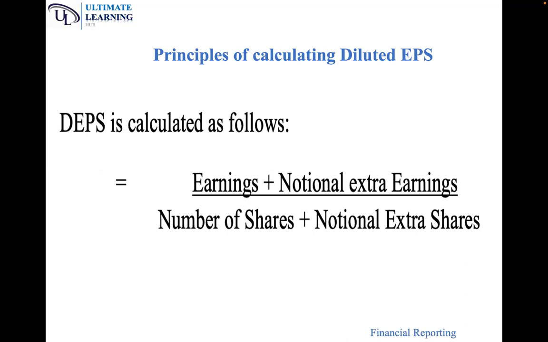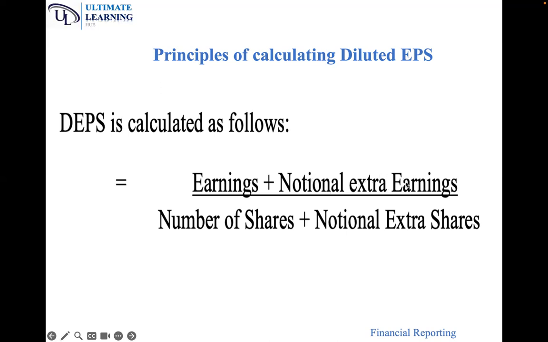Now, earnings in this case is just the profit after tax minus preference dividends. The same way we calculated it under basic EPS. So when we talk of earnings in this case, it's basically profit after tax minus preference dividends, or in basic EPS, we call it profit attributable to ordinary shareholders. But we have added in diluted EPS notional extra earnings.